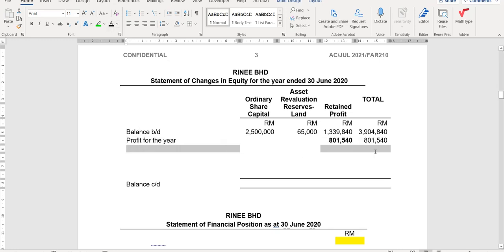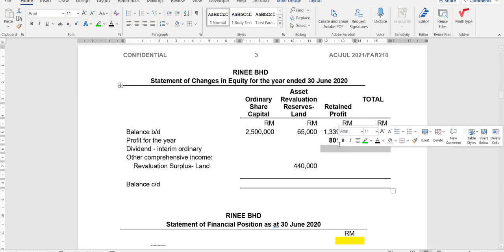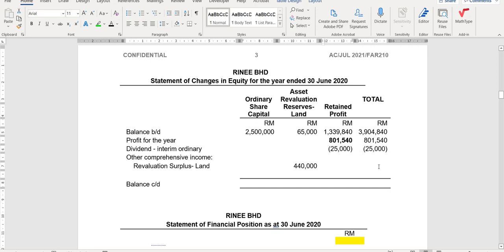And for the other comprehensive income, you would see that it was included under asset revaluation reserve, as I earlier mentioned. And then you also have to include the item on dividend. So in your information, you were earlier informed on dividend, and that dividend was just interim dividend.